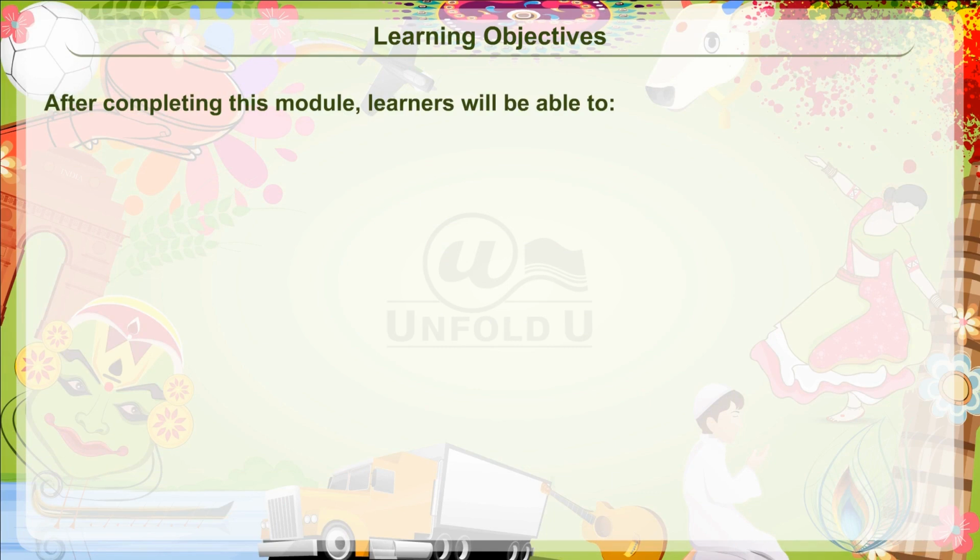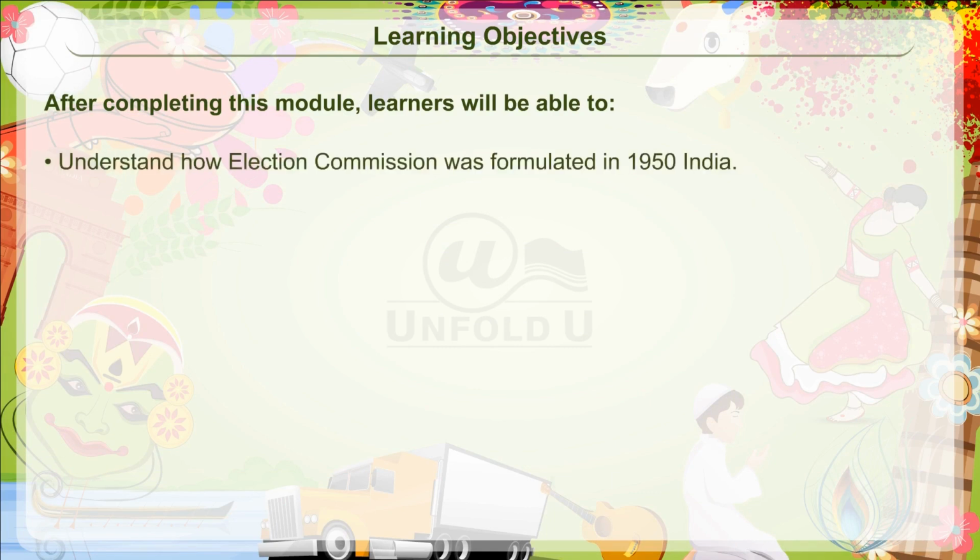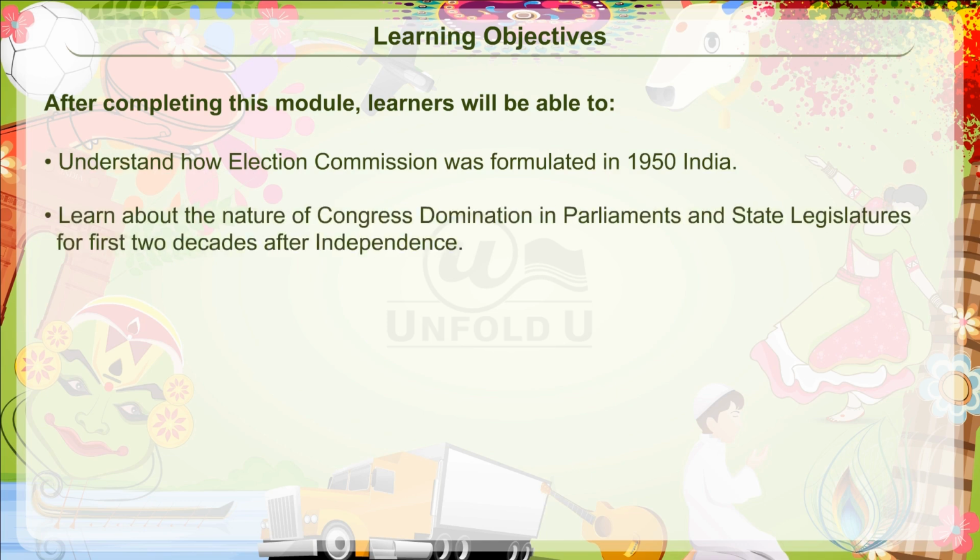Learning objectives. After completing this module, learners will be able to understand how the Election Commission was formulated in 1950 India. Learn about the nature of Congress domination in parliaments and state legislatures for the first 2 decades after independence.